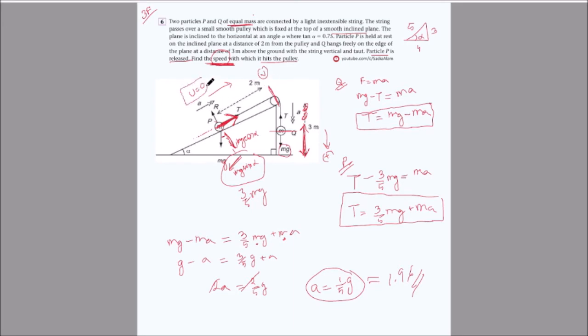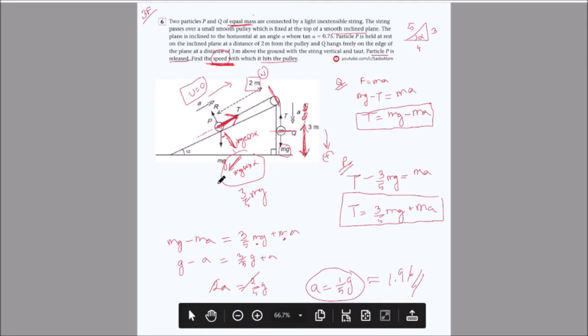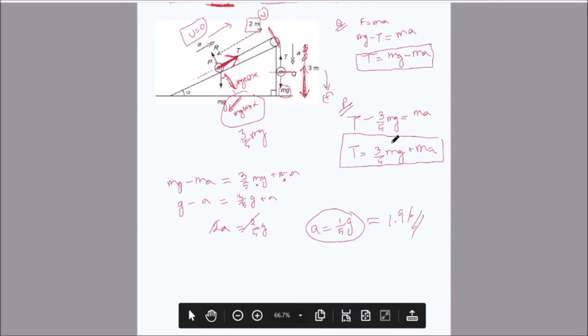So we need to calculate this velocity. So u is 0, distance is 2, a is 1.96. So using the formula v squared equals u squared plus 2as, we can solve this one. So part B, u is 0, we want to calculate the value for v. Distance is 2.